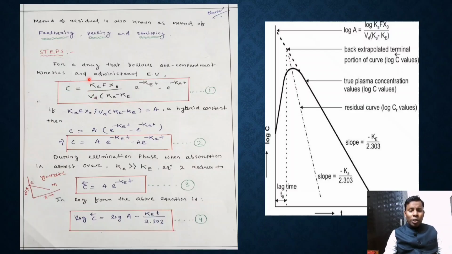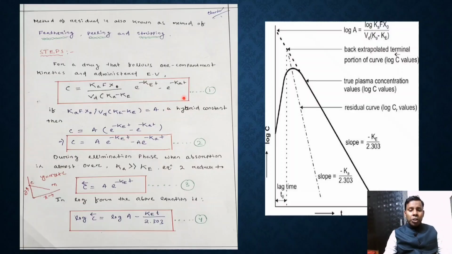All these things we can take as a hybrid constant A, because these are all constants or numbers. Ka is a constant, F is a number, X0 is a number, Vd is also a number, Ke is a constant.